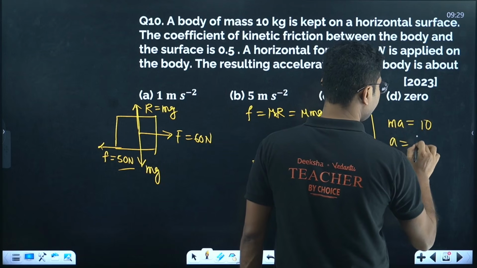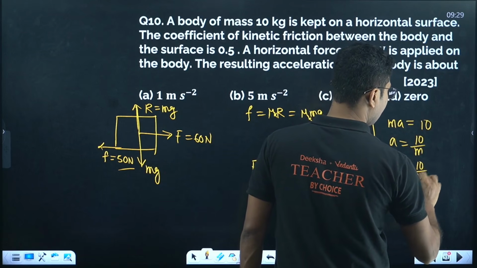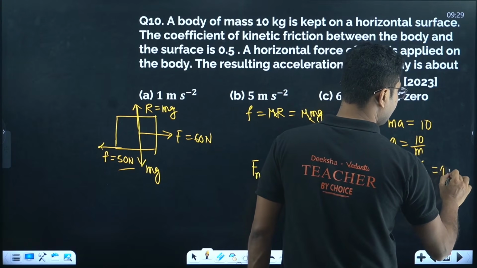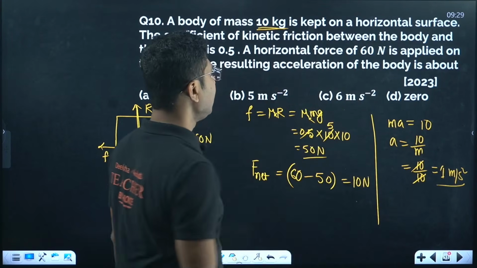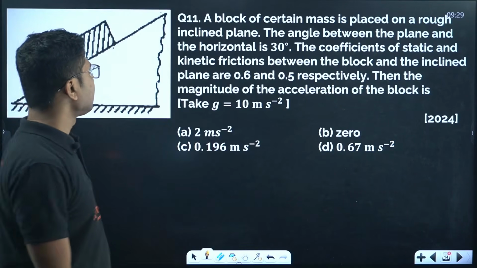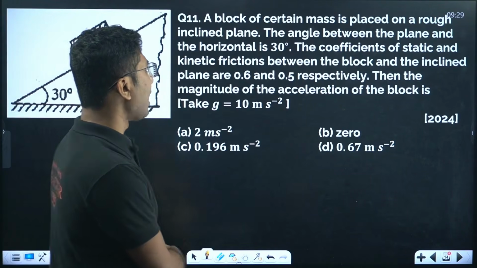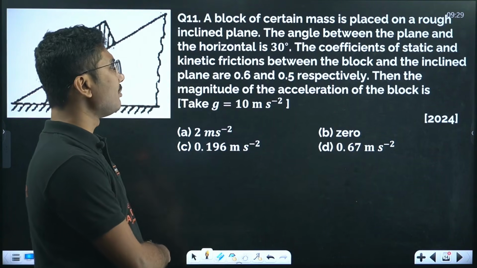So a equals 10 by m, which is 10 divided by 10. So it cancels, and you get 1 meter per second square. Mass is 10 kg, right? So it will be 1 meter per second square. Easy question.